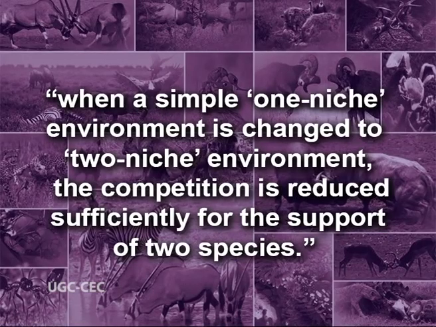Thus, when a simple one niche environment is changed to a two niche environment, the competition is reduced sufficiently for the support of two species. Based on such results in experiments made on Paramecium species, Gause suggested the hypothesis which has been restated by Hardin in 1960 as the competitive exclusion principle.